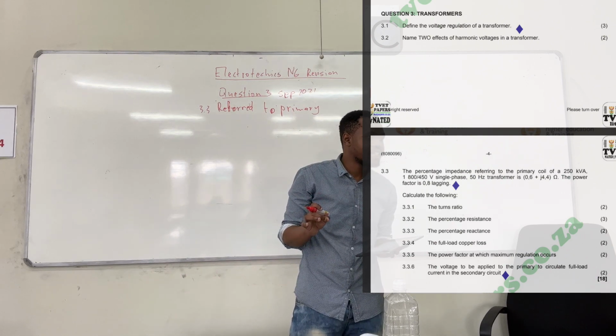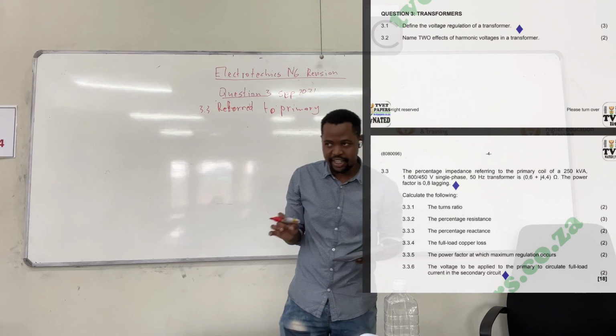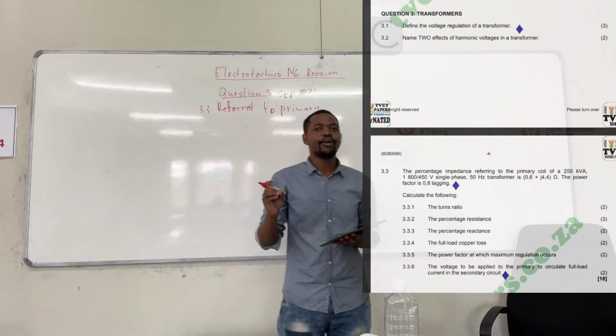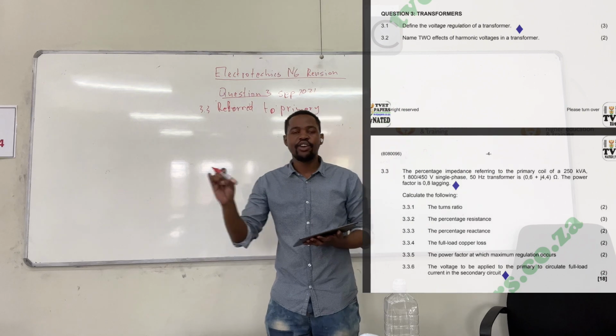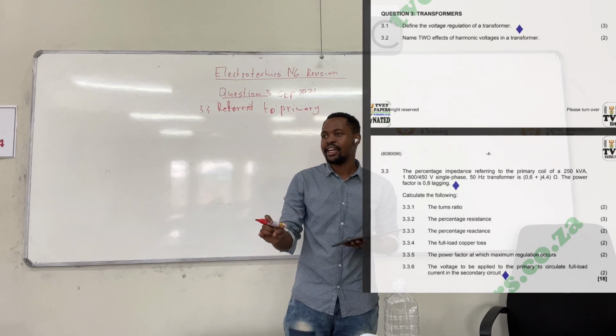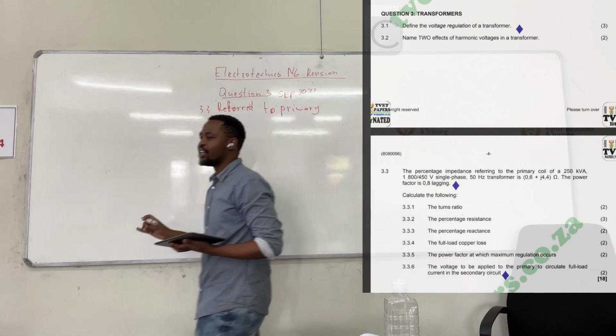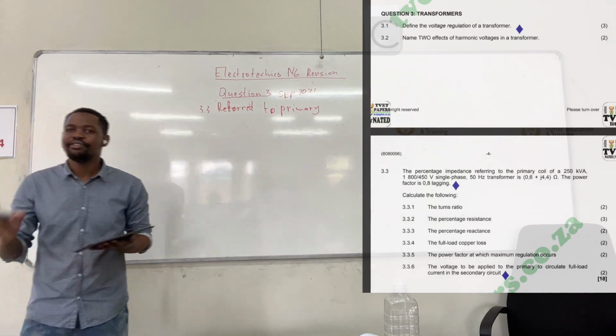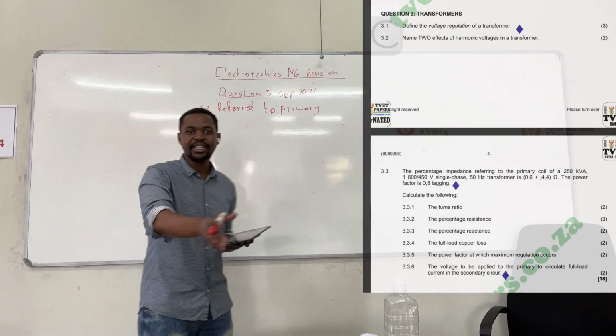Transformers are rated in kVA. Why? Because iron losses are voltage dependent and copper losses are current dependent. They are not phase dependent. I've explained it yesterday.